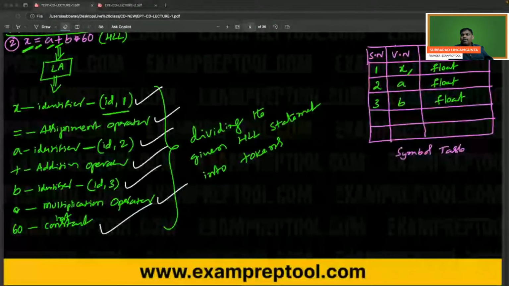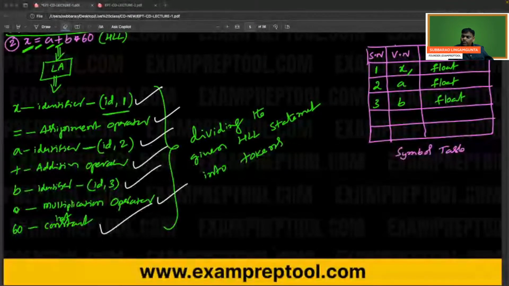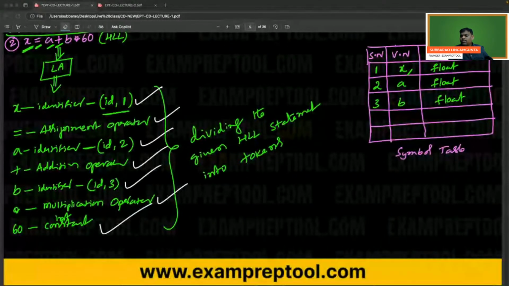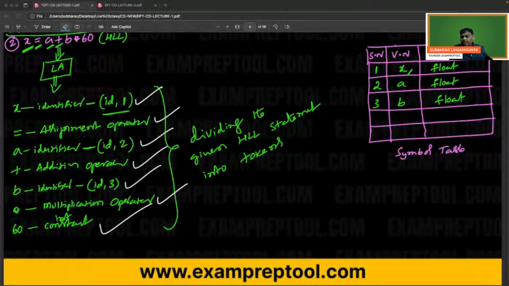Remember everyone. The C compiler knows C language operators. The C compiler knows C language keywords. The C compiler knows C language constants. The only thing the C compiler doesn't know is user defined variable names and user defined functions. The user can write a variable name whatever way you want, and a function name whatever way you want.